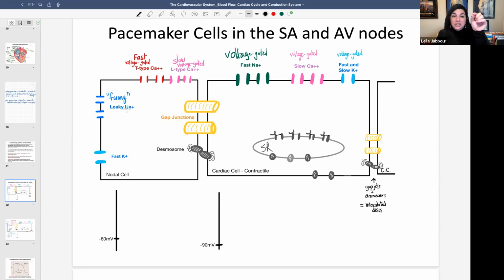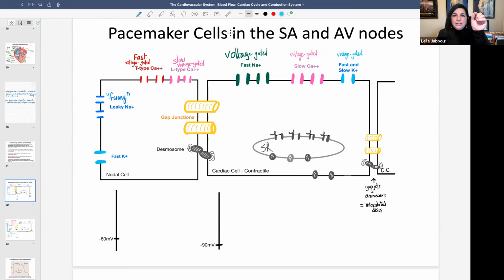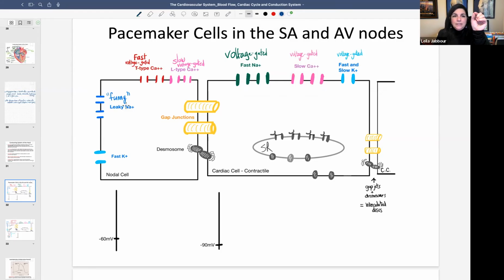So we're going to see leaky sodium ion channels. These are the first channels we're going to talk about. Right here, leaky sodium ion channels. I'm also going to talk about calcium channels. They're all voltage gated channels.